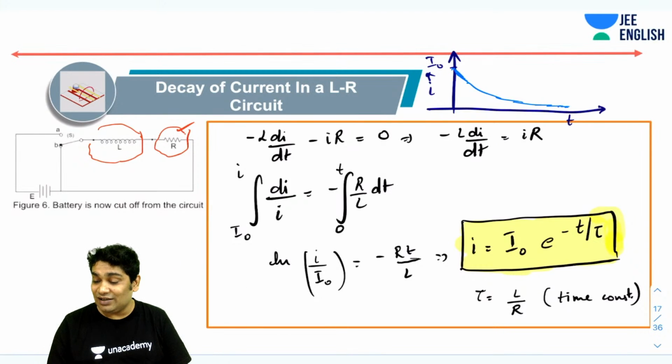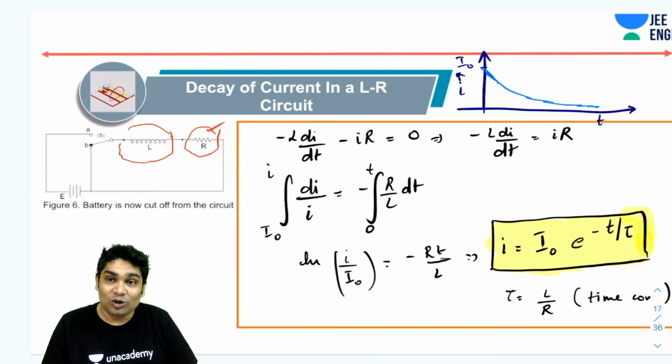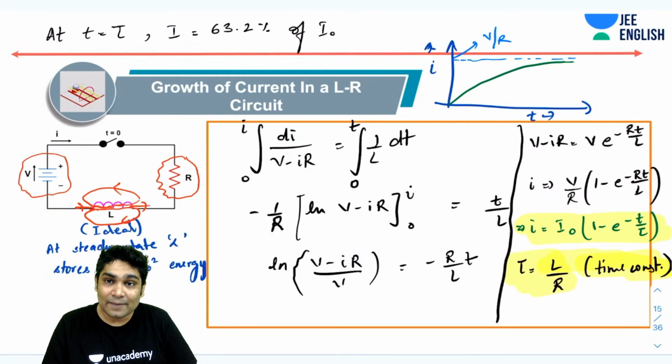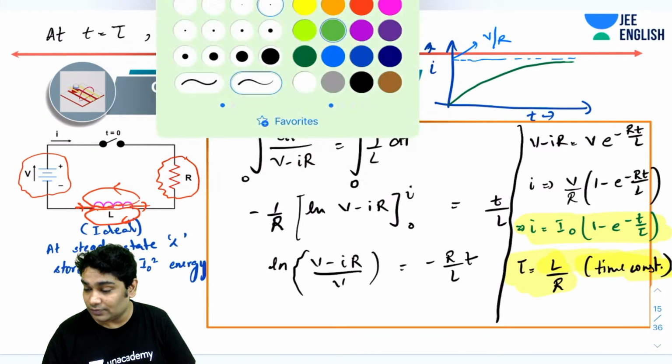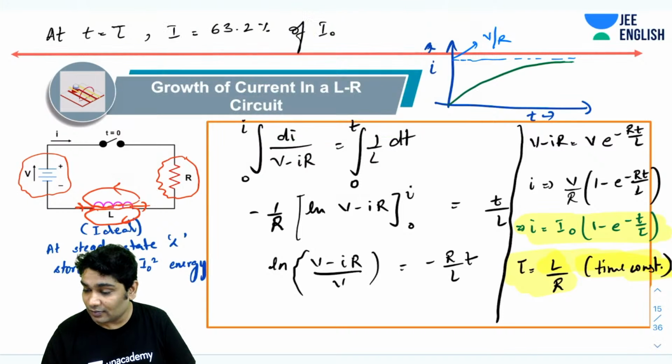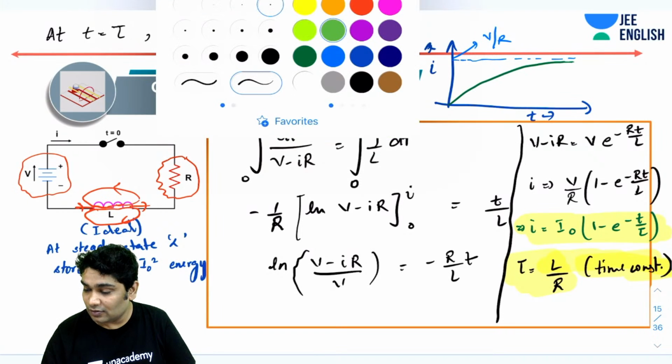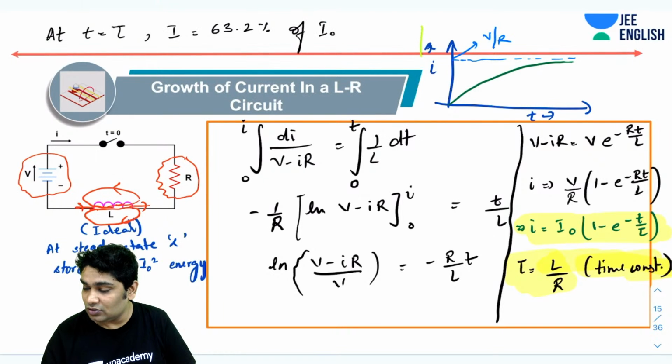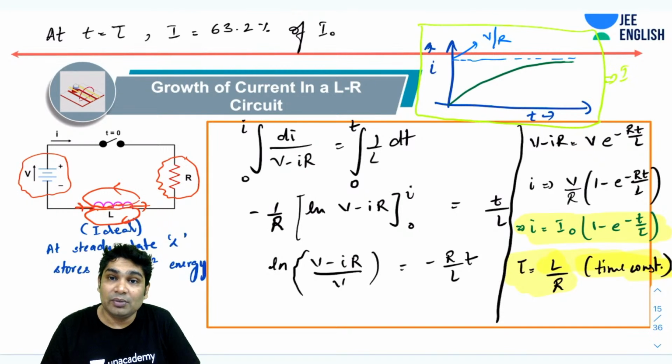So this is the growth circuit, growth of current. This is the final expression, highlighted in yellow. That is the graph. Both of them are really important. You must remember this graph.